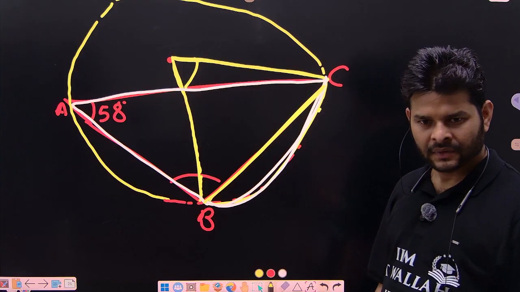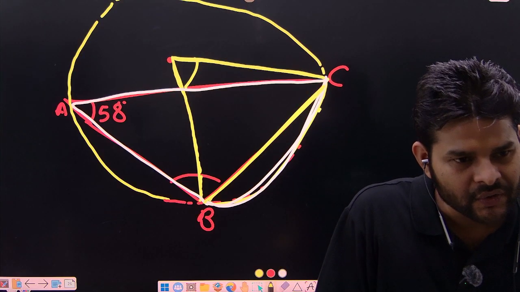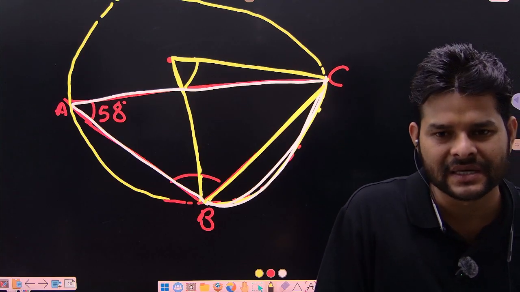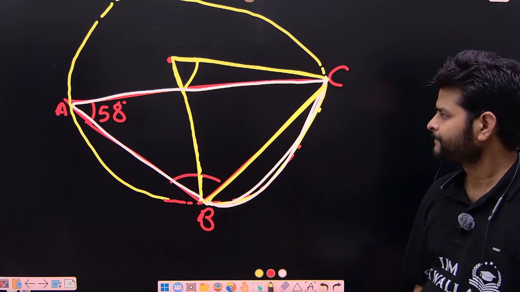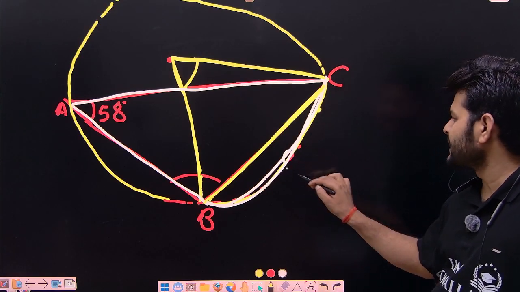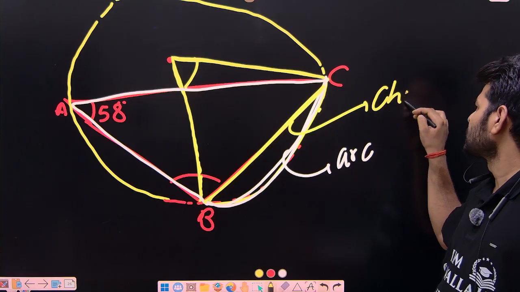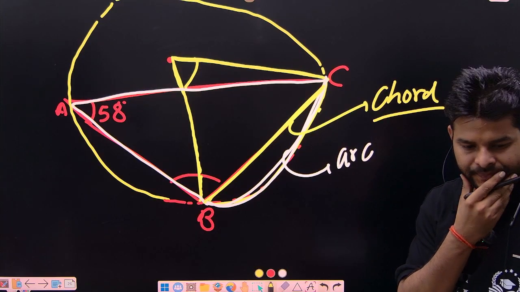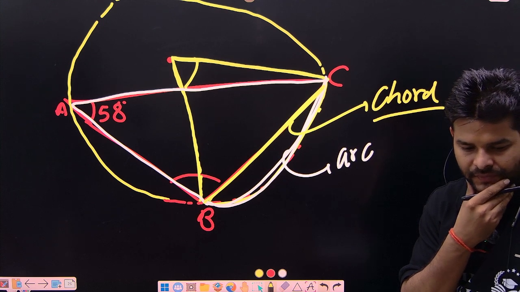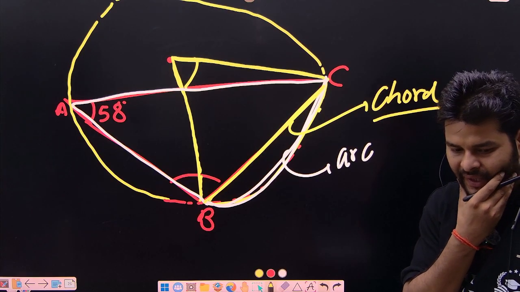Again, whether the triangle is obtuse or acute, in both cases the answer would be the same. So guys, basically this is called arc, I'm sorry, and this is called chord. My bad. This rule is applicable forever. This is basically a fact.